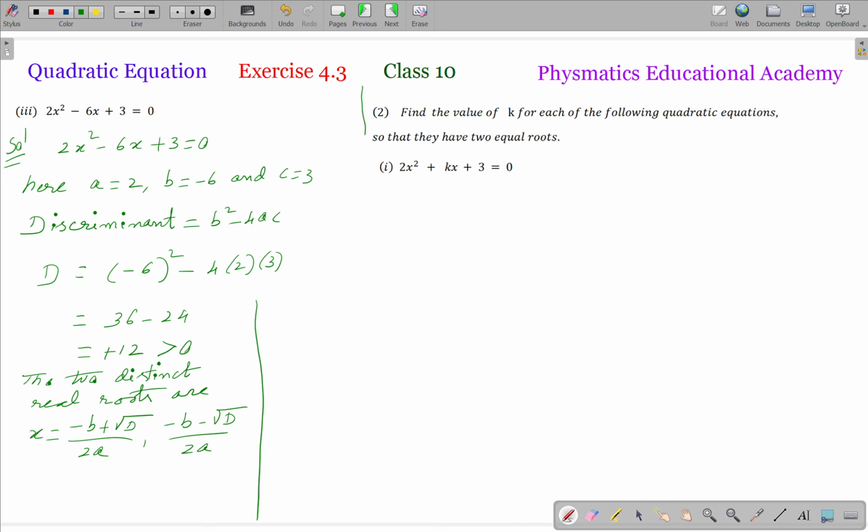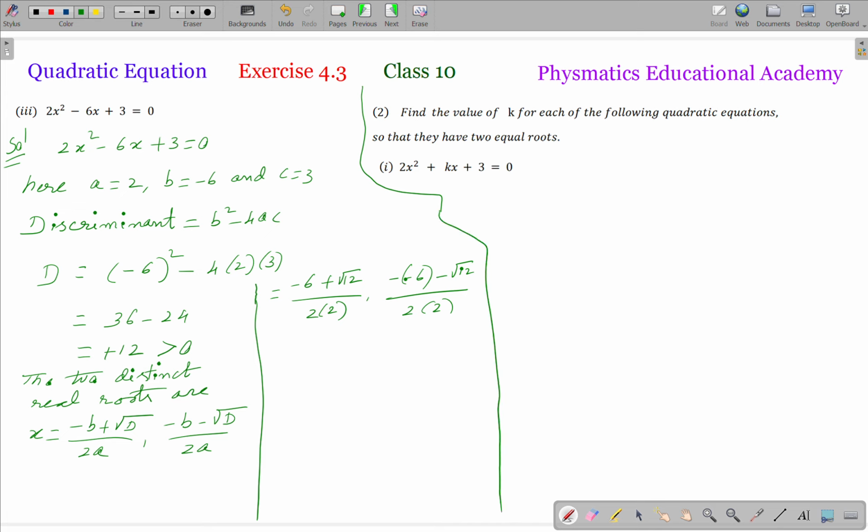Substituting the values, that is equal to minus of minus 6 plus root 12 by 2 into 2, comma, minus of minus 6 minus root 12 divided by 2 into 2.